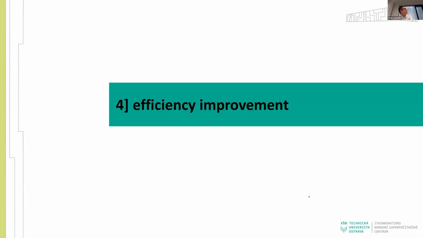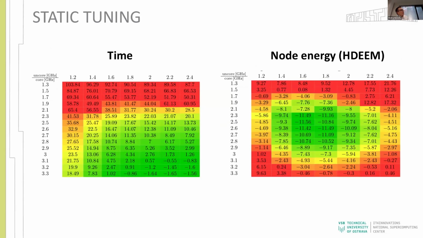So, energy efficiency improvement. The easiest way to potentially improve the energy efficiency of your application, once you're done with improving the performance, which is always the first step, is potentially changing the frequency of the hardware statically.